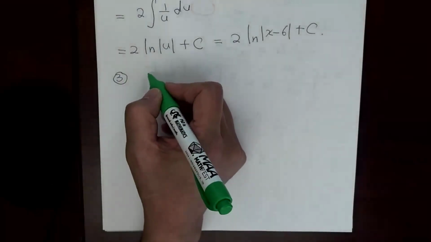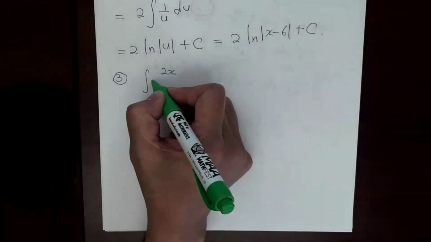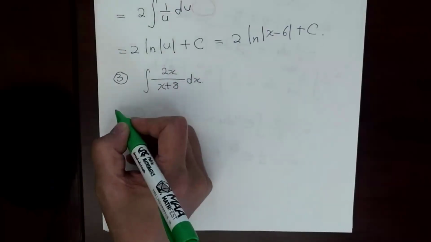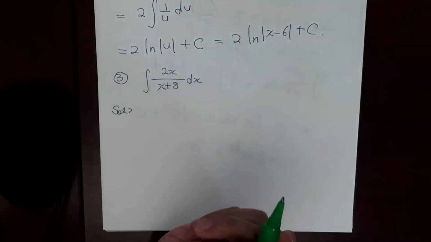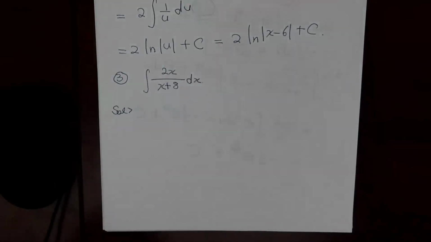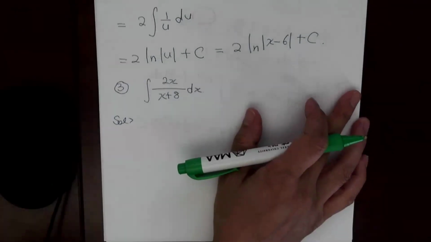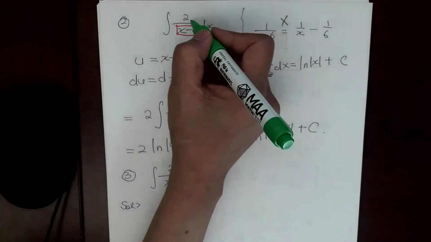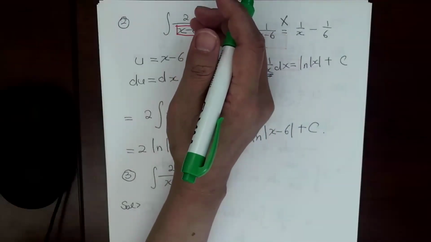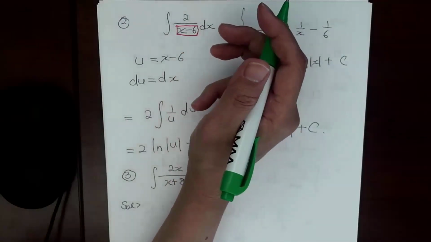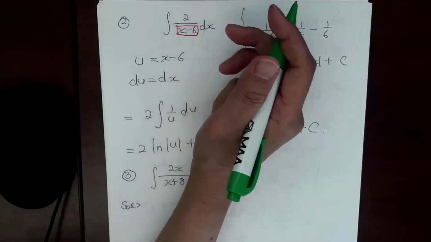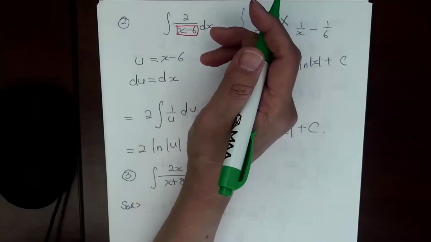The next problem is integration 2x over x plus 8 dx. The difference between the previous question and the current question is the degree of the numerator. In the previous case, there is no x on the numerator, and so we can easily say that the derivative of x minus 6 is just dx. So we can do substitution like this.